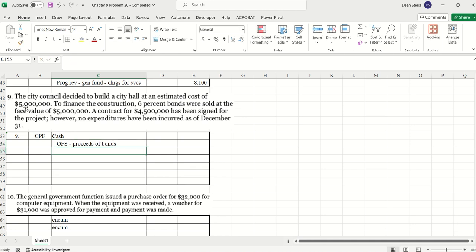And again, we got the full 5 million because we issued them at face value or at par. Now, if they say they issued it at 102, that means they got a premium because they got more money than they owe. If they did it for 98, that would have been a discount because we got less money than we owe, which hopefully you guys remember from the earlier classes in intermediate accounting.